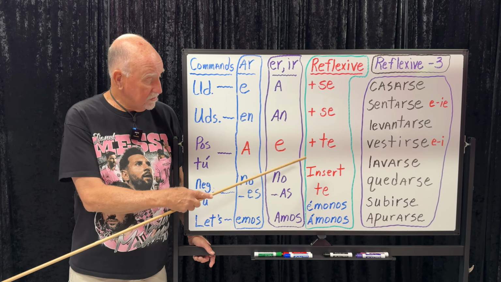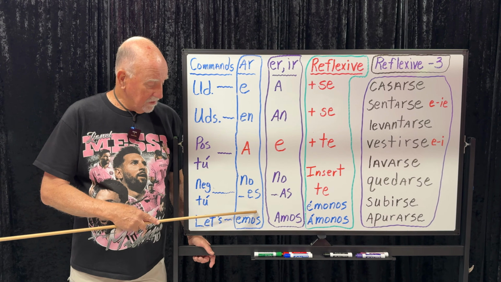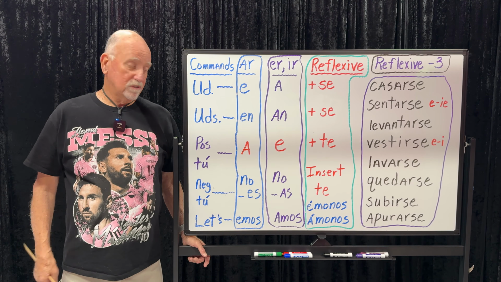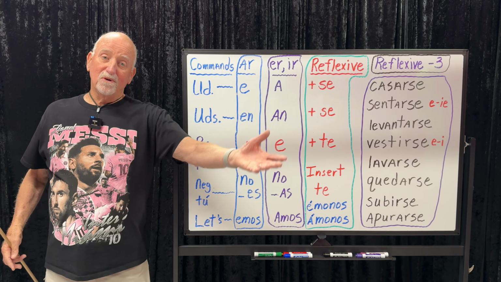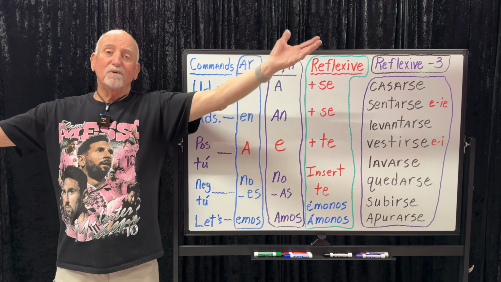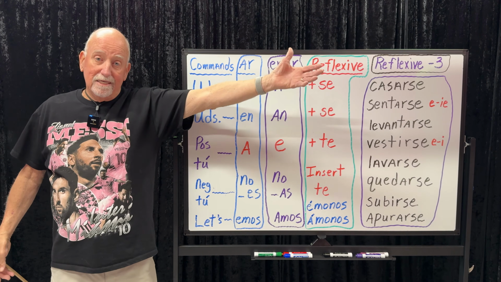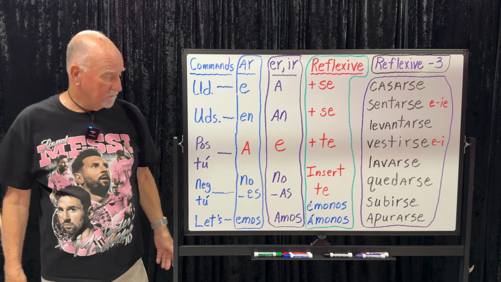Basically, all you're doing is you're taking nos, N-O-S, and you put it on the end of amos, but you remove that S. So it's not amos nos, it's just émonos. This is a fun one to say. So let's get married would be casémonos, mi amor. Casémonos ya, hoy mismo. Casémonos, vamos a Las Vegas. Nos casamos hoy. Casémonos, let's get married.